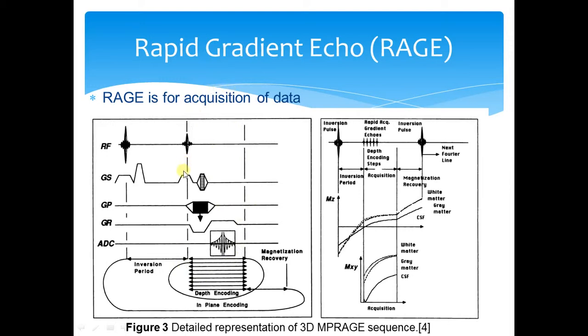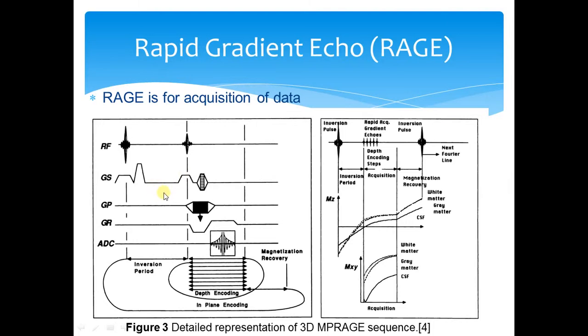This part is a normal gradient echo. The reason we call it rapid comes from the fact that we are using more than one RF pulse in one inversion time, as you see here.